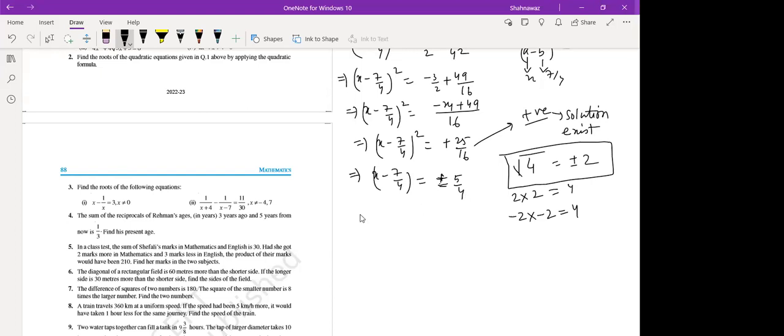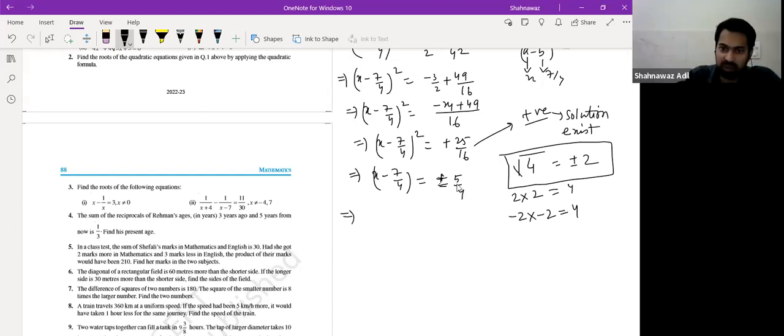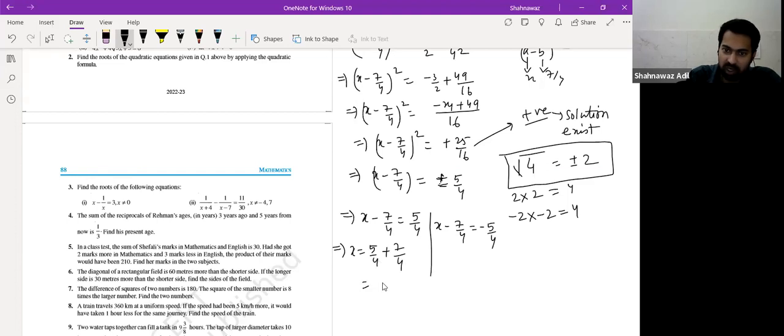First we take the positive solution. For the positive solution, this is 5 by 4, and for the negative solution, you have minus 5 by 4. So x is 5 by 4 plus 7 by 4, which is 12 by 4, which is 3.